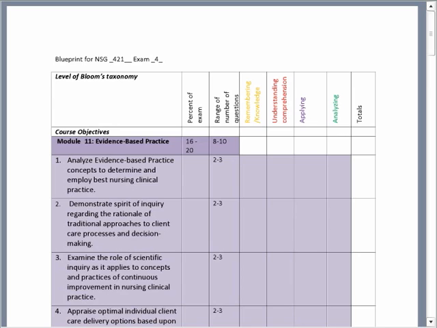Okay? The second objective says you need to be able to summarize quality improvement as an essential component to nursing practice regardless of the healthcare environment. So, in other words, why is quality improvement an important component of nurses no matter what healthcare environment?